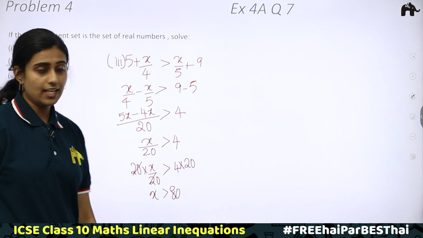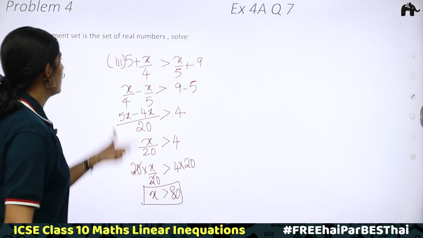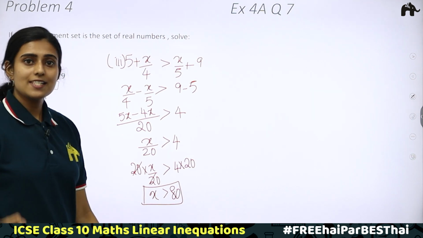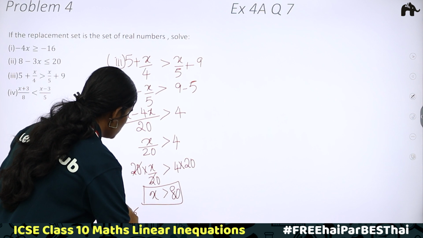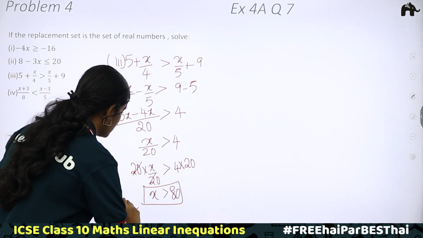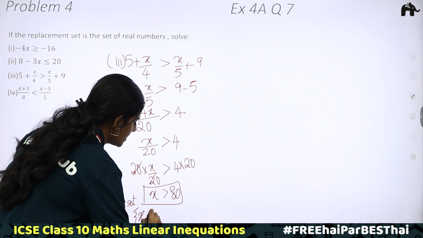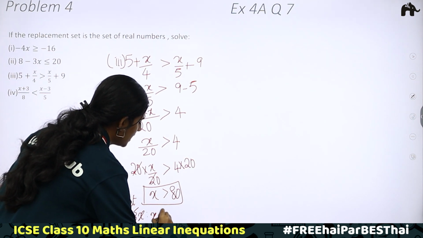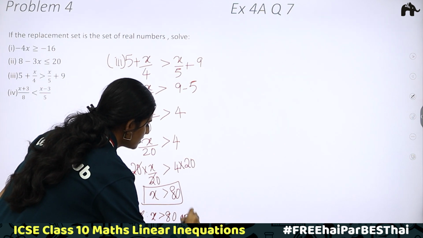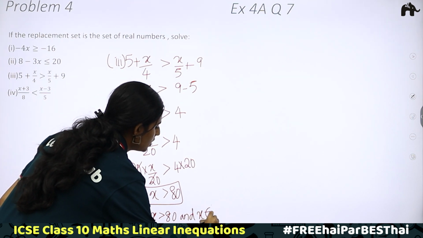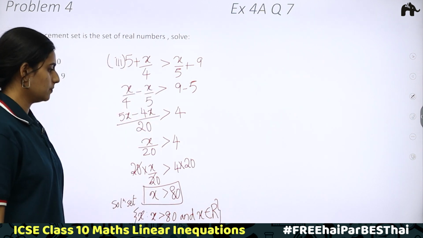X greater than 80. Now this is a condition. The replacement set is the set of real numbers. Then we can write the solution set as x such that x greater than 80 and x belongs to real numbers. This is our solution set.